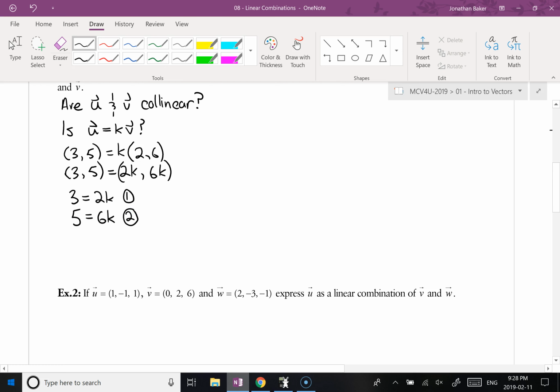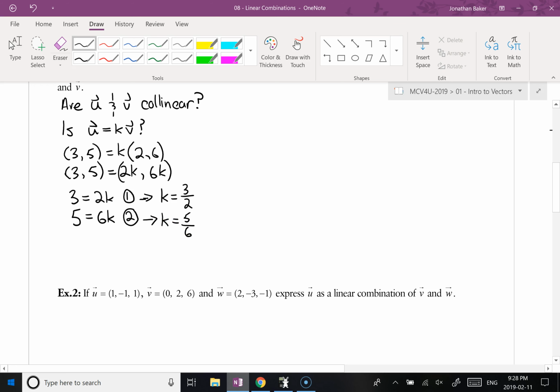So is there a value of k that would satisfy both of these equations? Well, let's solve them. We have one variable in both of them, so k is equal to 3 over 2. But here, k is equal to 5 over 6.